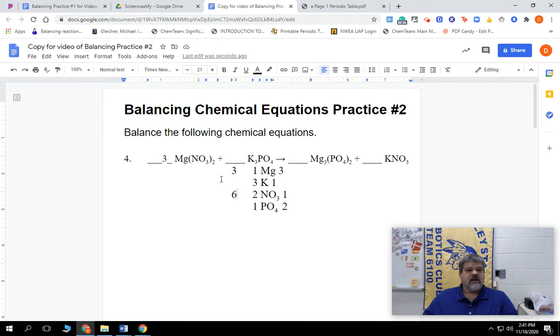So we have to go over to this side, and I'm going to double that. I'm going to put a 6 right here, because that means I have to have 6 of those. And I have 6 nitrates right here. But it also changes my potassium.